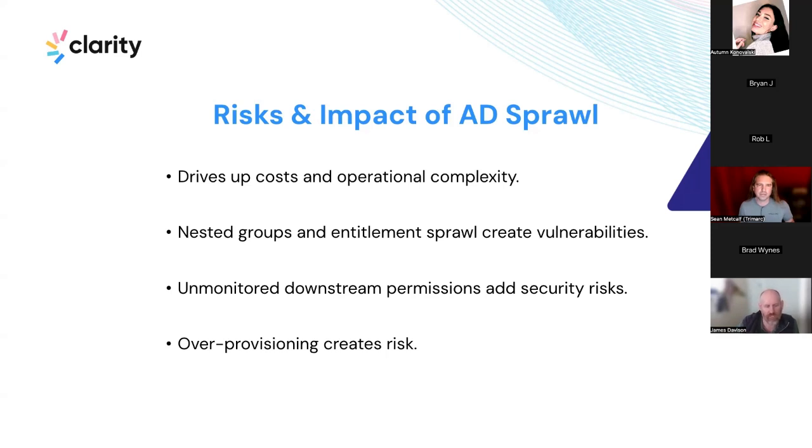So where would you see the risks of the downstream permissions? Like if you don't monitor what's flowing from Active Directory? Absolutely. So there are a lot of challenges and problems with permissions in Active Directory, just because of the way it's been conditioned, and applications have certain requirements.